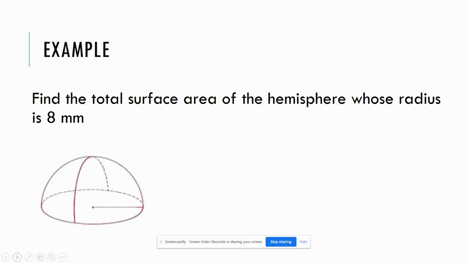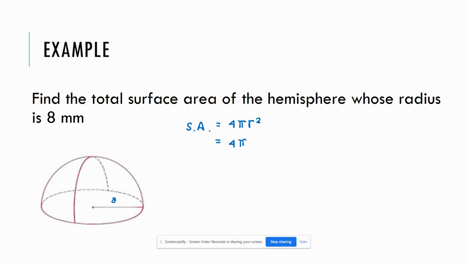Okay, so if it says find the total surface area of the hemisphere whose radius is 8 millimeters. Notice that here from the center to a point, this would be 8. So if I was just to use that formula that we created, 4 times pi times the radius squared, that would give me the whole entire sphere.